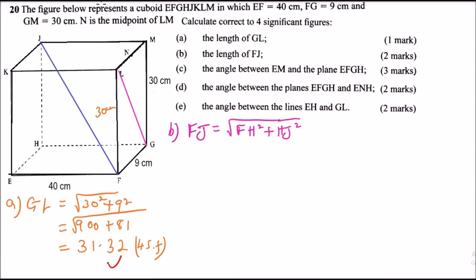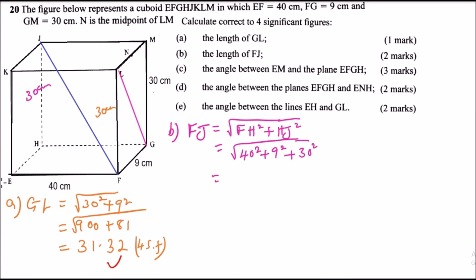We know this side here, HJ is 30 centimeter, but we don't know FH, so we can find FH by using FE and EH. So FH, we can say it is 40 squared plus 9 squared, and then we have now HJ, which is 30 squared. So with that you should be able to get FJ.